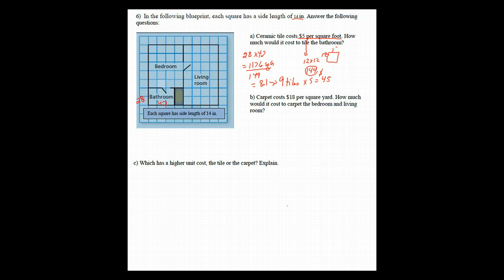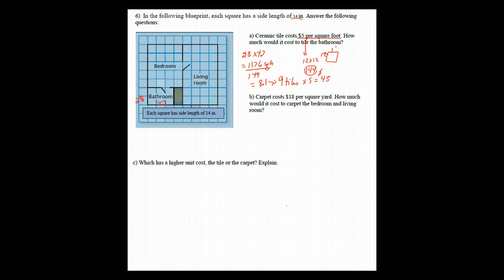Now the second question: carpet costs $18 per square yard. How much would it cost to carpet the bedroom and living room? Well, we'll find out how big the bedroom and living room are. Remember that each block is 14 inches. Going across the bedroom, you would have 4 blocks, 4 times 14, or 56 inches across.